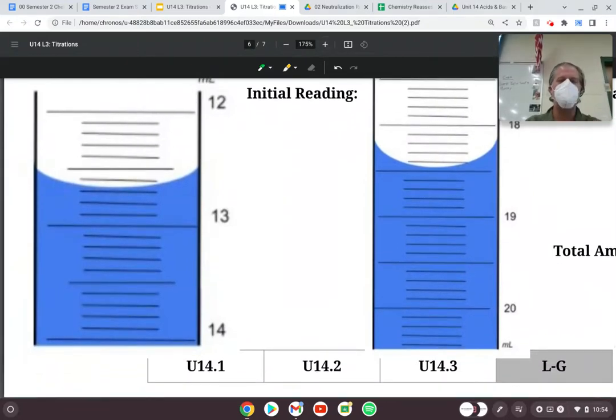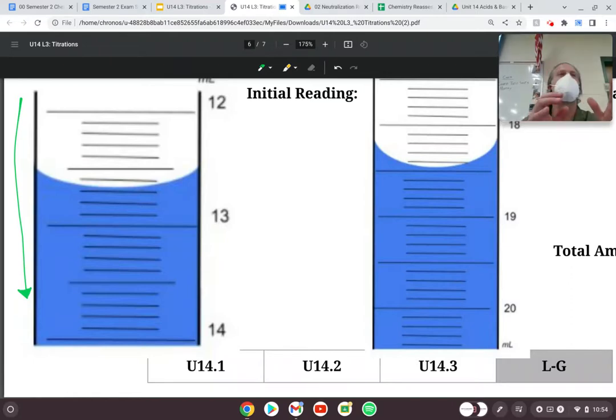The first thing I want to point out is that the scale on this measuring device goes 12, 13, 14, 15, 16. So it goes down, right? So the scale is going down, which again is something that I've mentioned already. But when I'm looking at the scale, what is each dash or mark equal to?